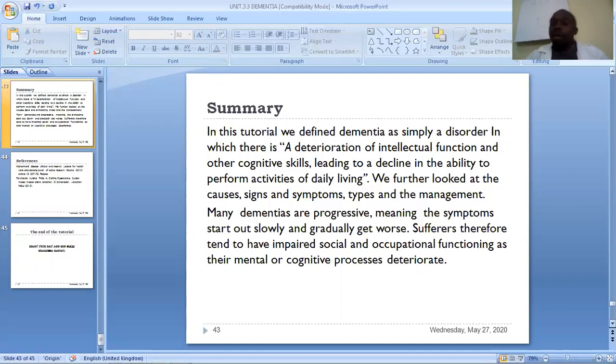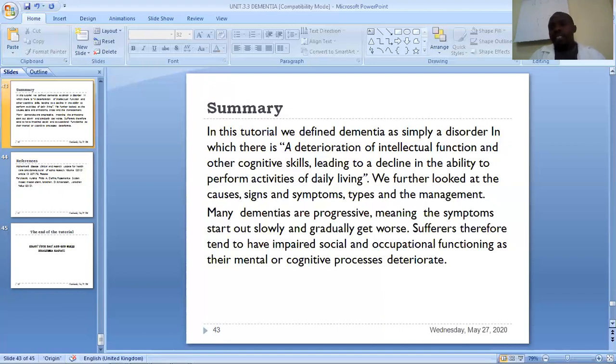They can be global impairment, severity, decline. Those are some of the elements that will lead to the proper definition of dementia. We also looked at the causes. One of them, we actually said HIV infection, head injury, Alzheimer's disease, to mention but a few.